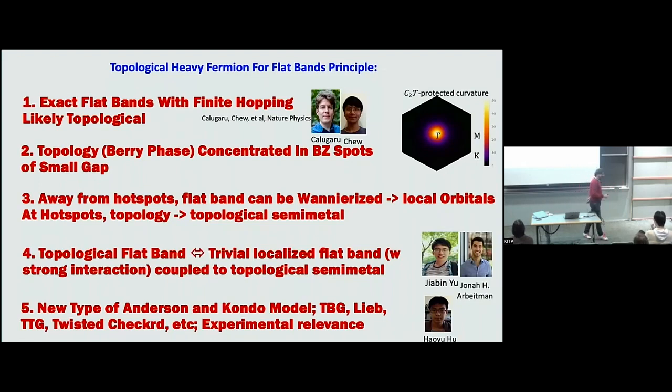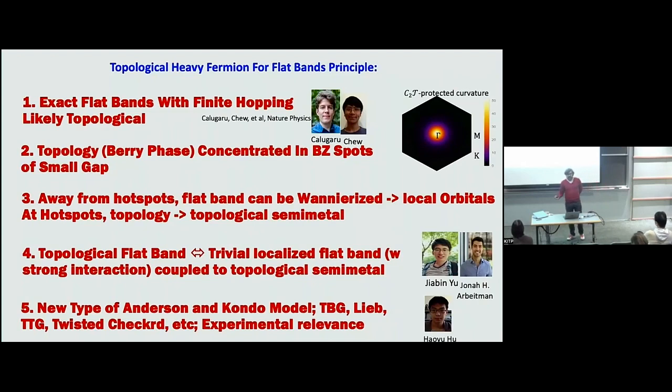It turns out that you can sort of prove that exact flat bands that come from quantum interference, meaning from hoppings that are non-zero and large, but you still get some flat bands in the system, that flat bands that come from finite hopping are likely to be topological. It's not always the case, and you can characterize when it is and when it isn't, but they're likely to be topological.